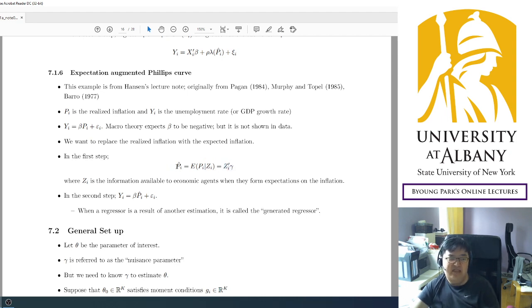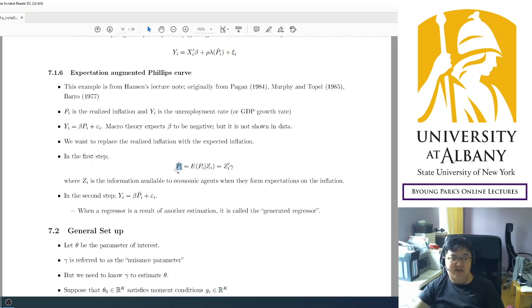So you estimate the relationship between past inflation and past observations of economic variables, and in the first stage we estimate how people would expect inflation. If they were rational, economic agents would do this kind of regression by themselves, so expectation will be formed in this way.